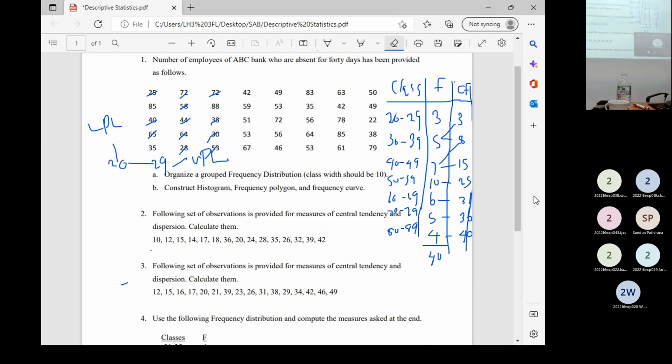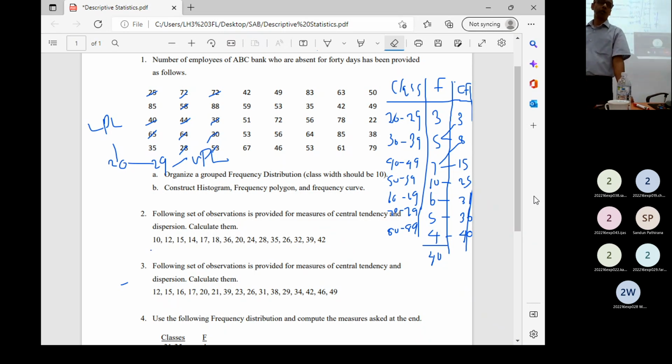They are the real limits. For calculation purposes, you want to use this one. The better method is 20-29, adding 1, 30-39, 40-49, if you organize the data that way. Sometimes we see the data set organized as 20-30, 30-40 like that. At that time, we consider the given practical limits as the theoretical limits. Otherwise, you have to adjust 0.5.